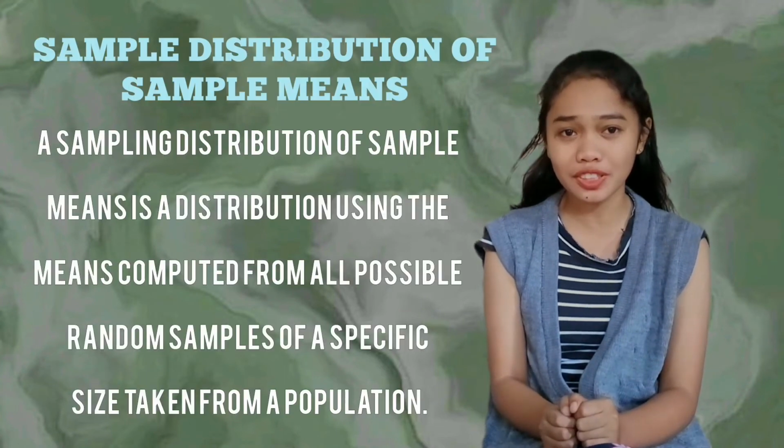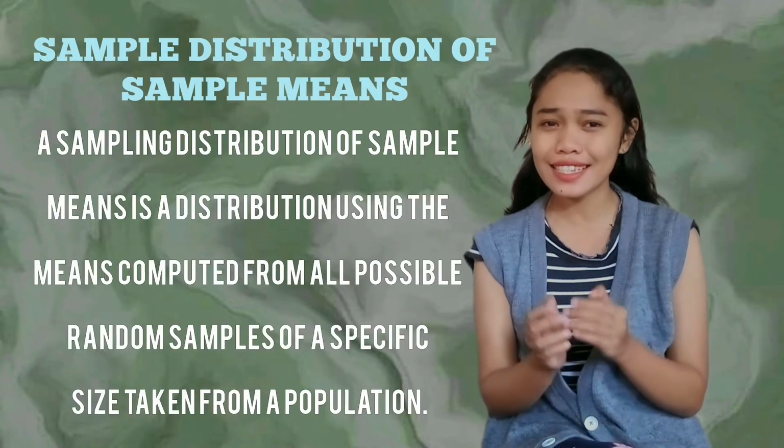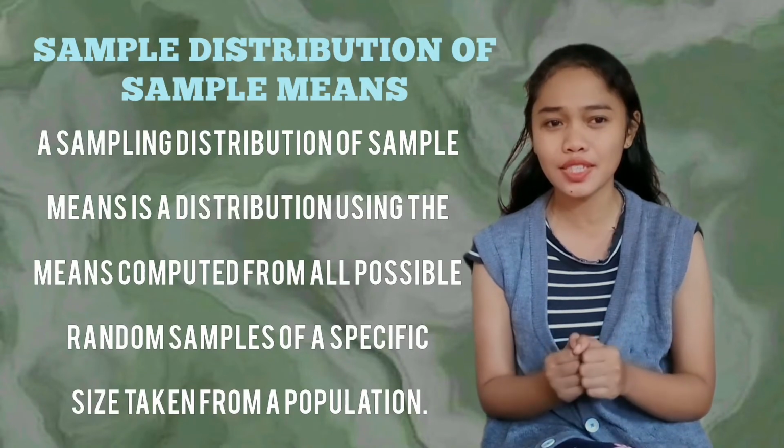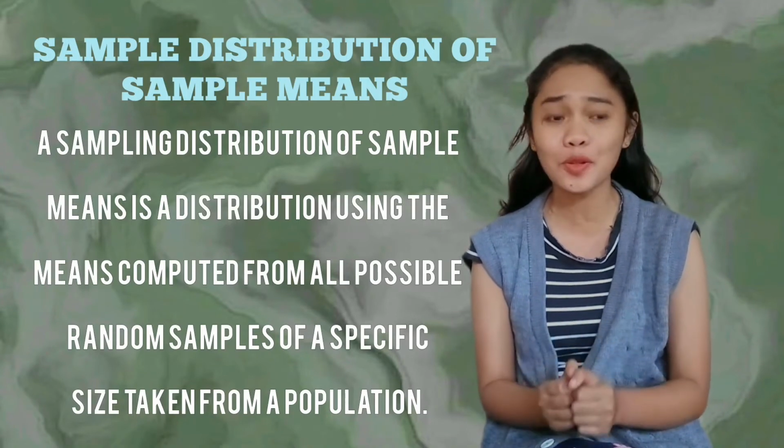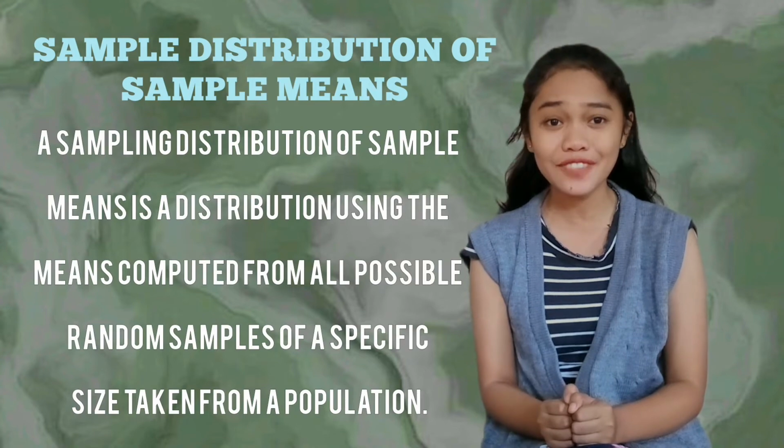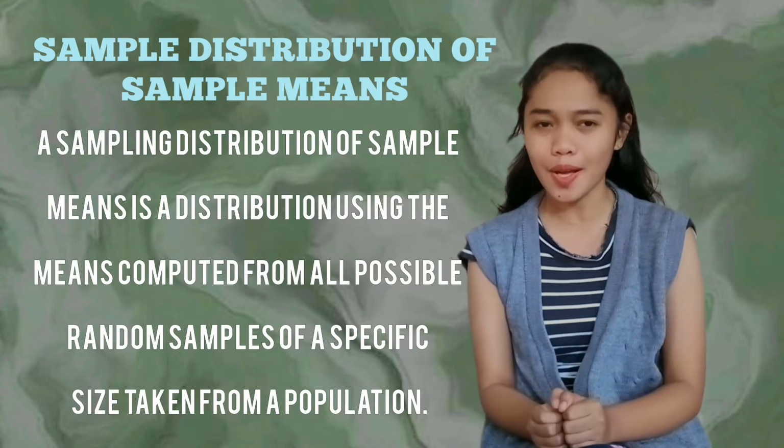In learning the central limit theorem, we must know these important concepts. First, a sampling distribution of sample means is a distribution using the means computed from all possible random samples of a specific size taken from a population.